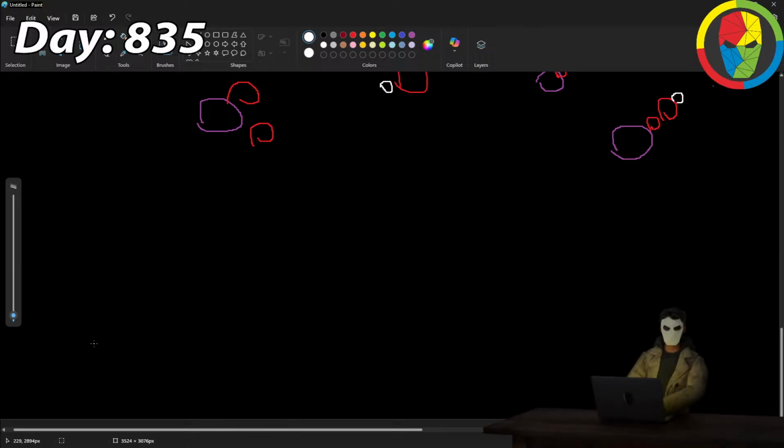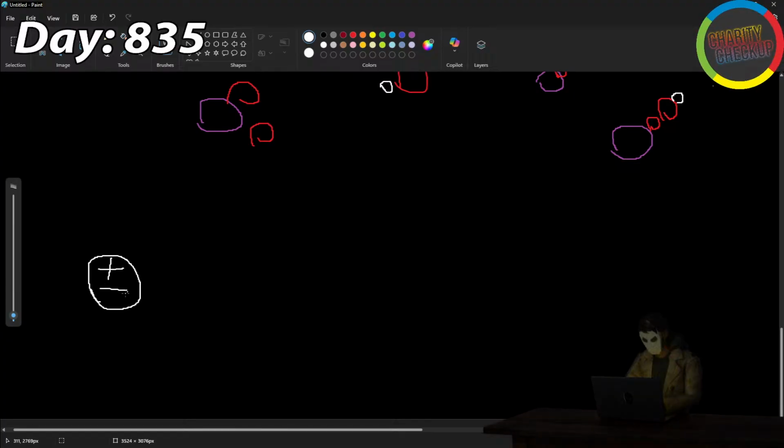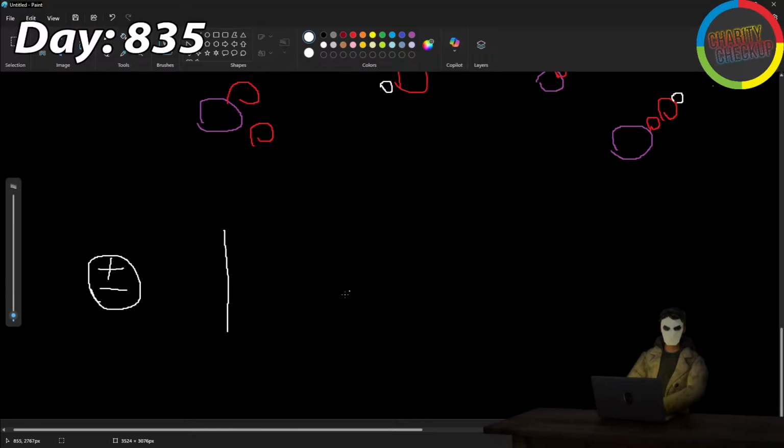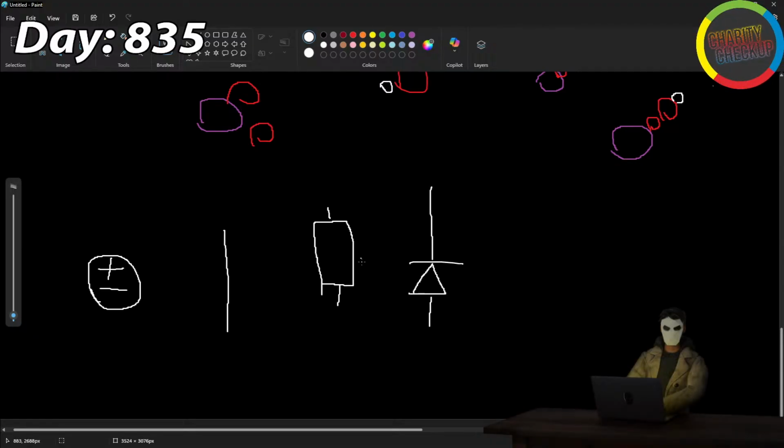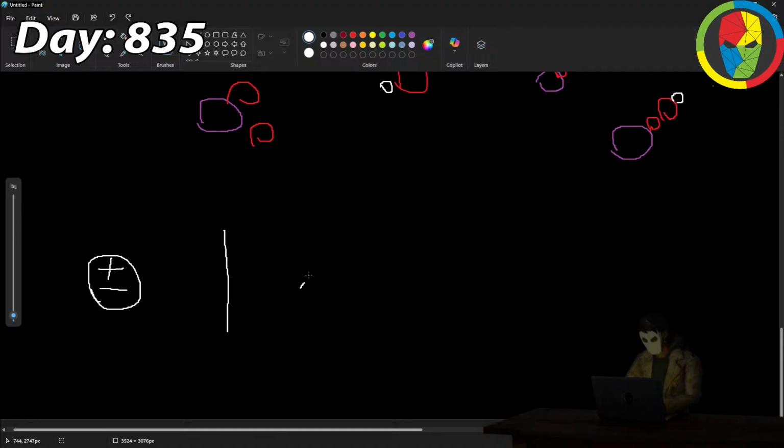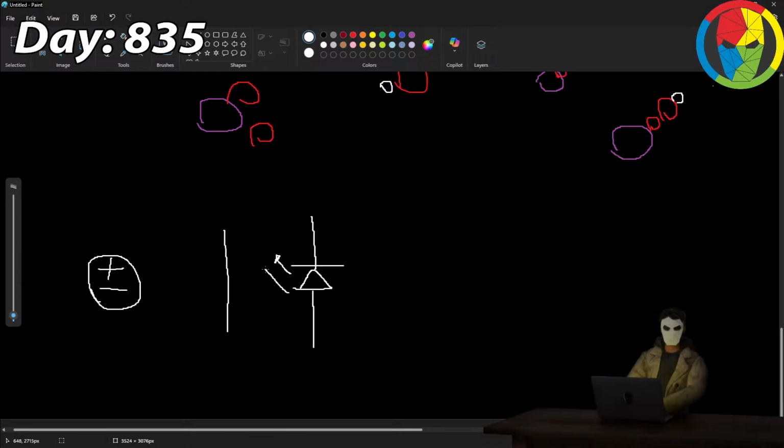For now, the way I plan on doing the series will be a battery. Well, actually, let's use a proper... A battery, then a wire, then a resistor, or a rectangle because it's easy to draw, then afterwards a diode, well, an LED, well, actually no, wait, LED before, I think that was an LED, I'm pretty certain, I don't remember.